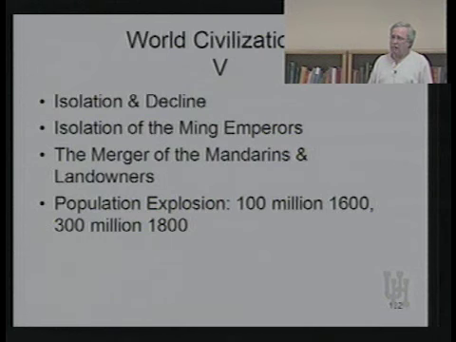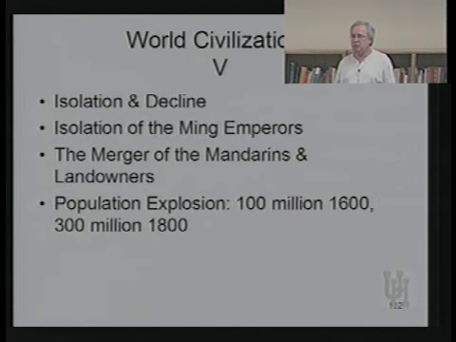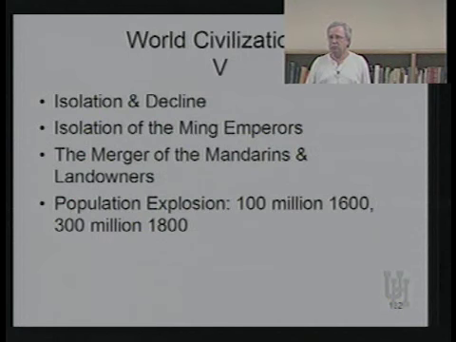At the same time, China's population is beginning to expand by leaps and bounds. 100 million in 1600, 300 million in 1800. In 200 years, a tripling of the population. Something that is typical of the stagnation of this time is a lack of technological innovation.